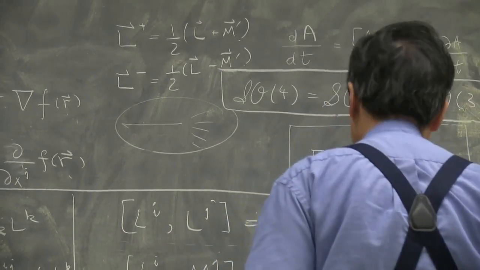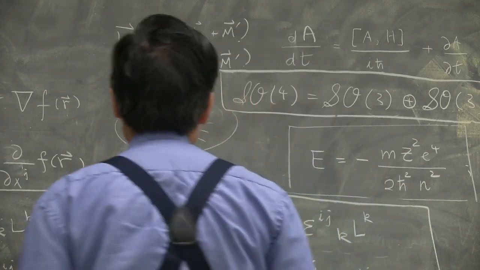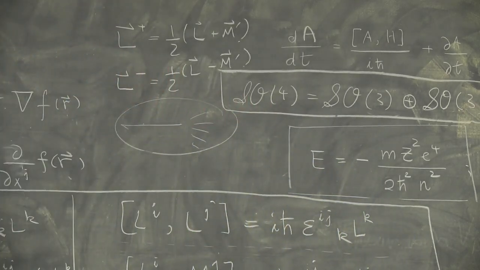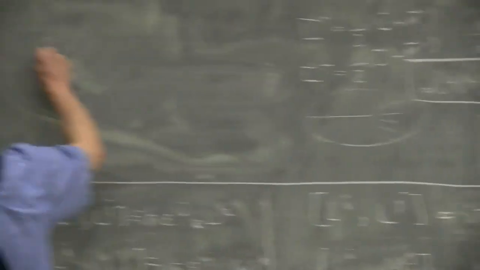So what I want to demonstrate, which is quite obvious in fact, is that I have 2 subalgebras, one corresponding to the L pluses and one corresponding to the L minuses. And each one of them is a 3-dimensional algebra exactly like the SO3. Okay? So in other words, I have the following, which is very easily shown.